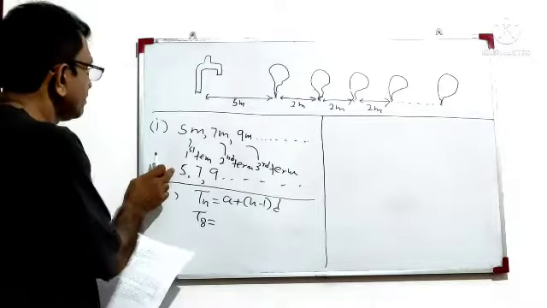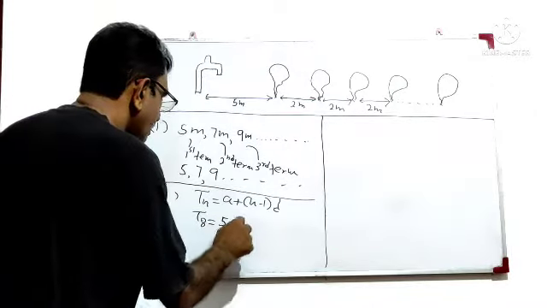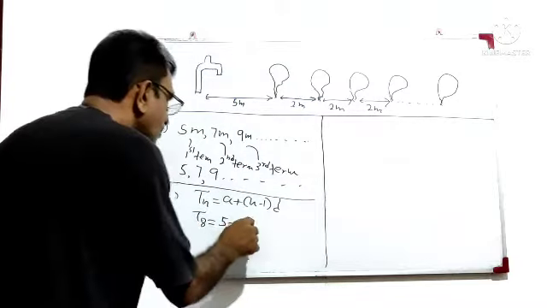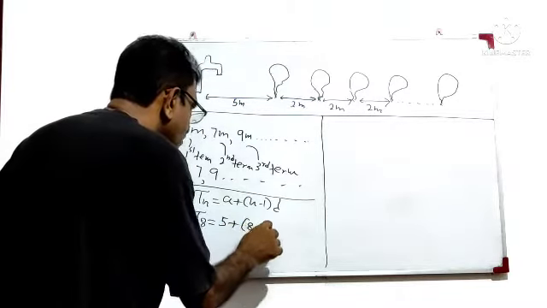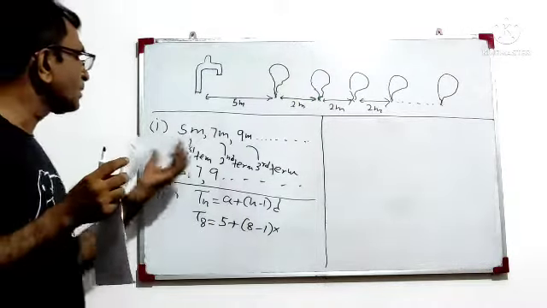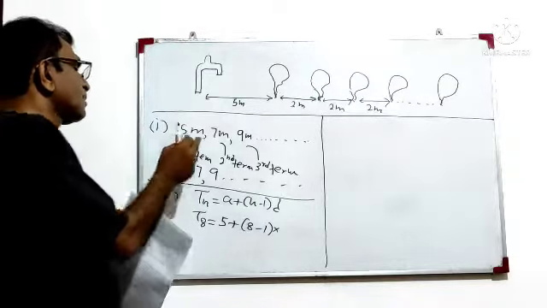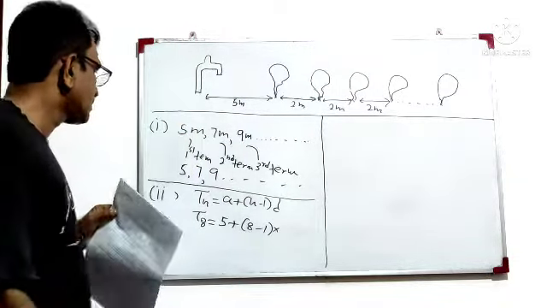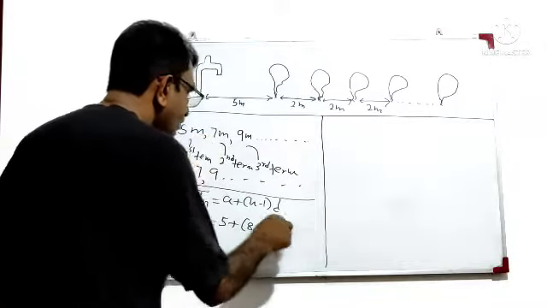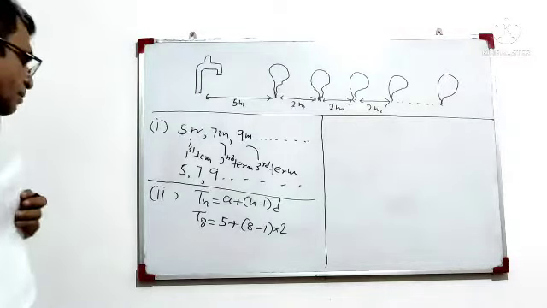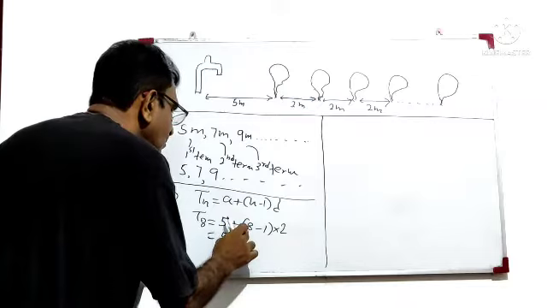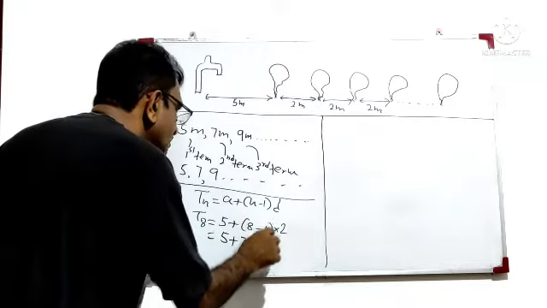T8 equals, what is the first term? 5, plus, this is Tn equals 8, no? Therefore, this also 8, 8 minus 1. Now you know, in an arithmetic progression, what is the common difference? How to find the common difference? Second term minus first term, right? What is that? 7 minus 5, 2. Plus 2. So we can simplify, then 5 plus 8 minus 1, 7, 7 times 2.